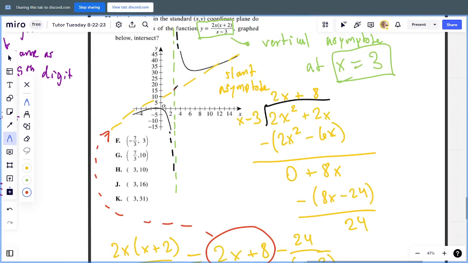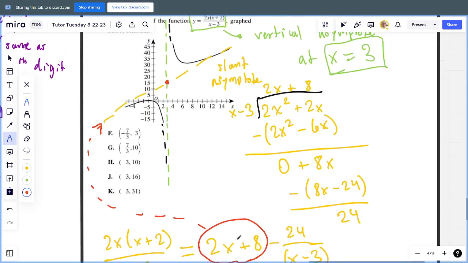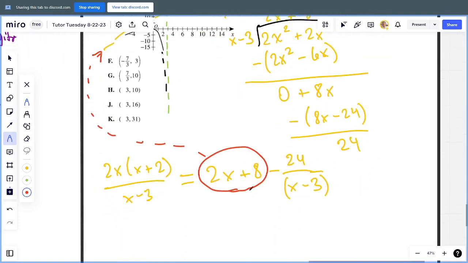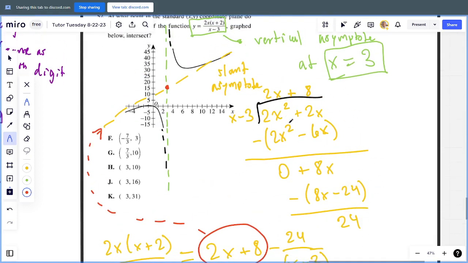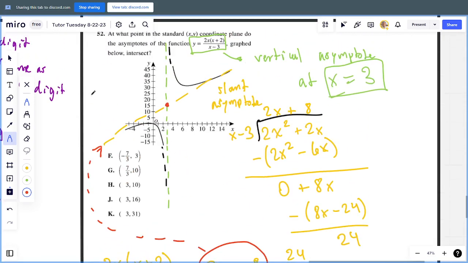That's going to help us find the intersection point right here. The intersection between 2x plus 8 and x equals 3 is just going to be where x equals 3, right? So if we evaluate 2x plus 8, or 2 times 3 plus 8, we get 14, which isn't an option.